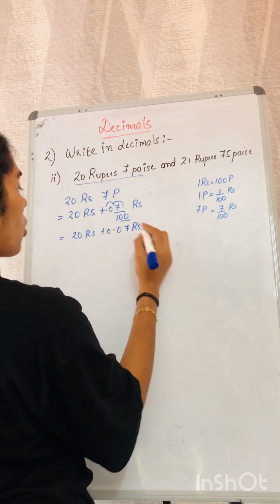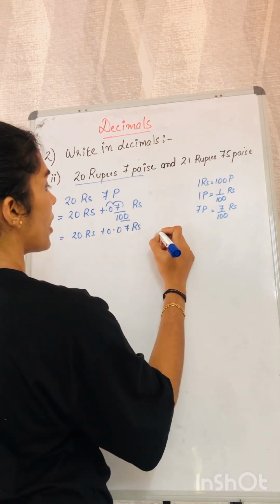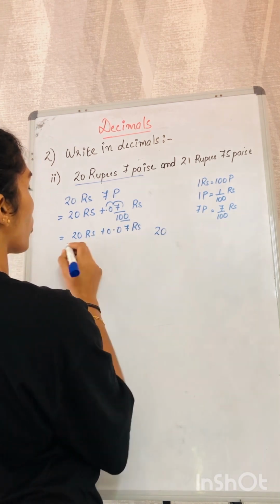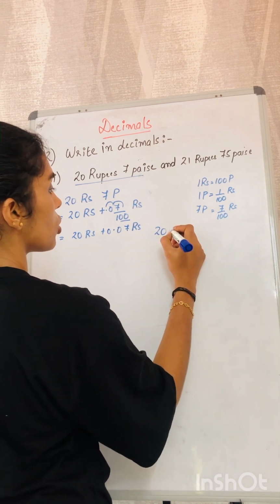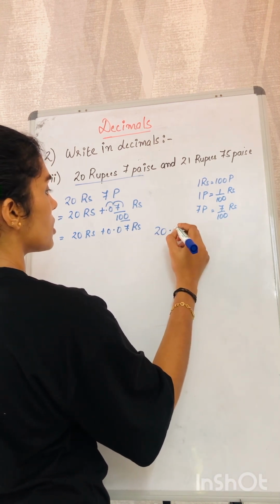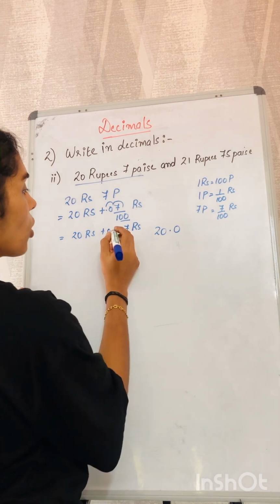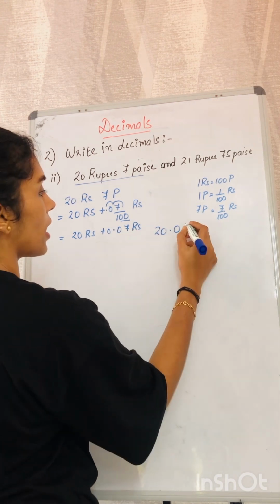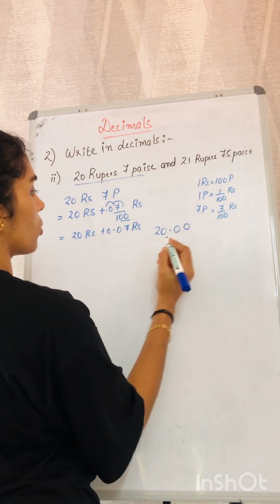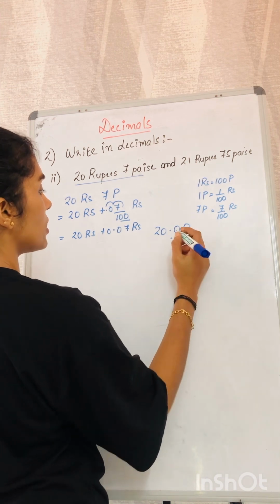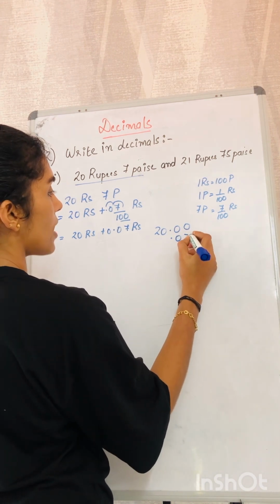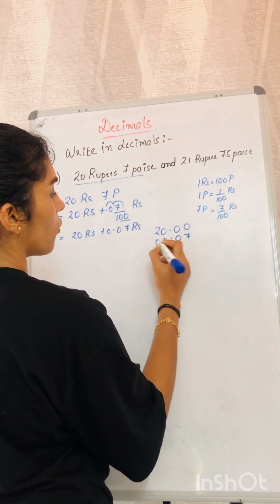So now if you want to add this, how will you add? You have got the whole number as 20, so you don't have anything after the decimal. But here you have got 2 places after the decimal, right? So just put them as 0. Now here 0.07, in order to avoid confusion.